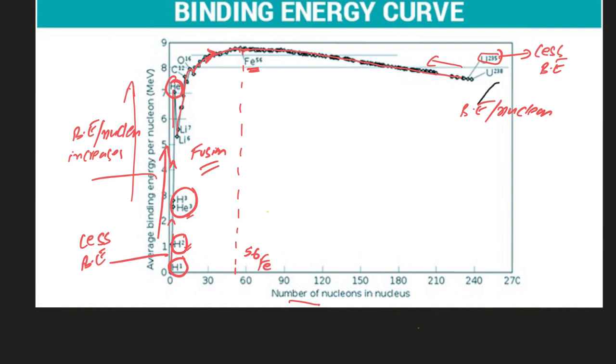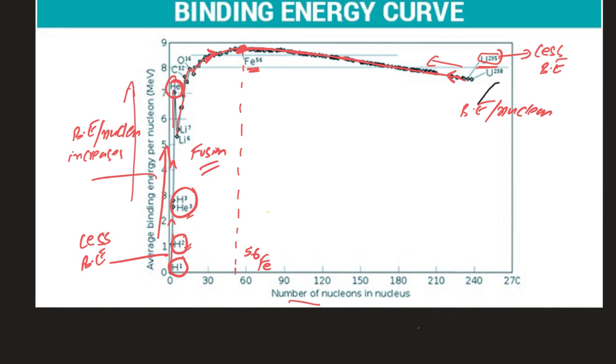On the right-hand side you see that here we have uranium 235. When it splits we get barium and krypton. So the elements at the far end of the binding energy curve would like to disintegrate or split, and they also would like to obtain the stable configuration of iron.